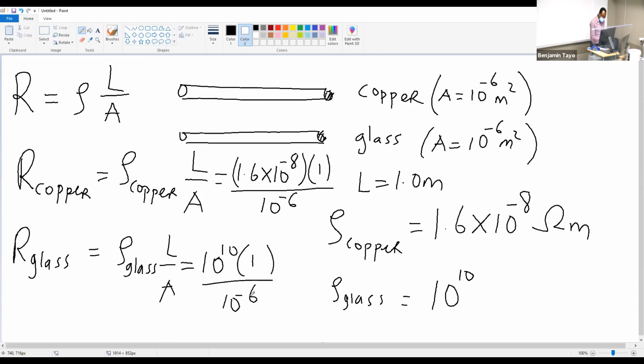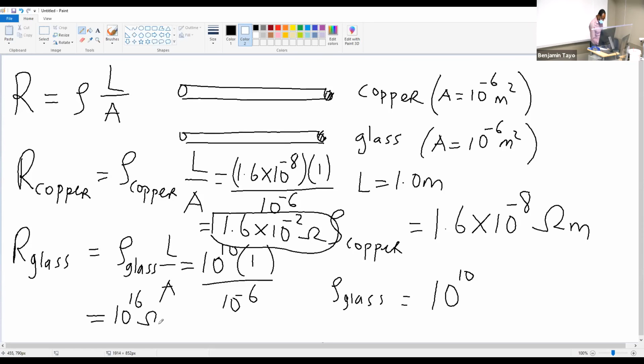Now if you solve this equation correctly, you're going to see that for copper, you get something like 1.6 times 10 to the negative 2 ohms. Meanwhile, for glass, you get something like 10 to the power 16 ohms.